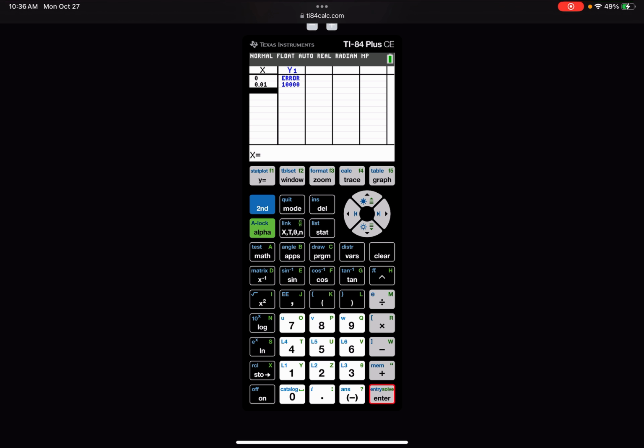If I put 0.01, it's really big. If I put 0.001, it gets bigger. 0.0001, it's getting bigger. So as x is approaching 0, 0.00001, my y values are getting really large.